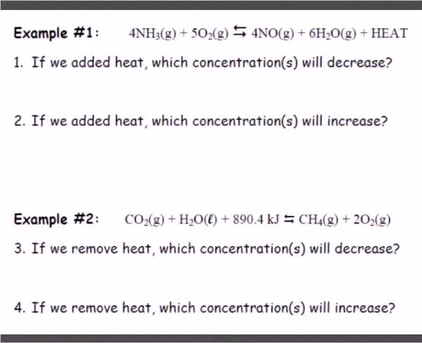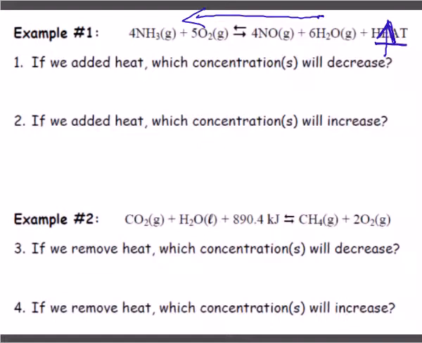So here's our example. It's the same reaction we had in part 1, but now we have heat added to it. Is heat a product or a reactant? It's a product. So what type of reaction is this? Exothermic. If we add heat, which way are we going to shift? Away, so toward the left.